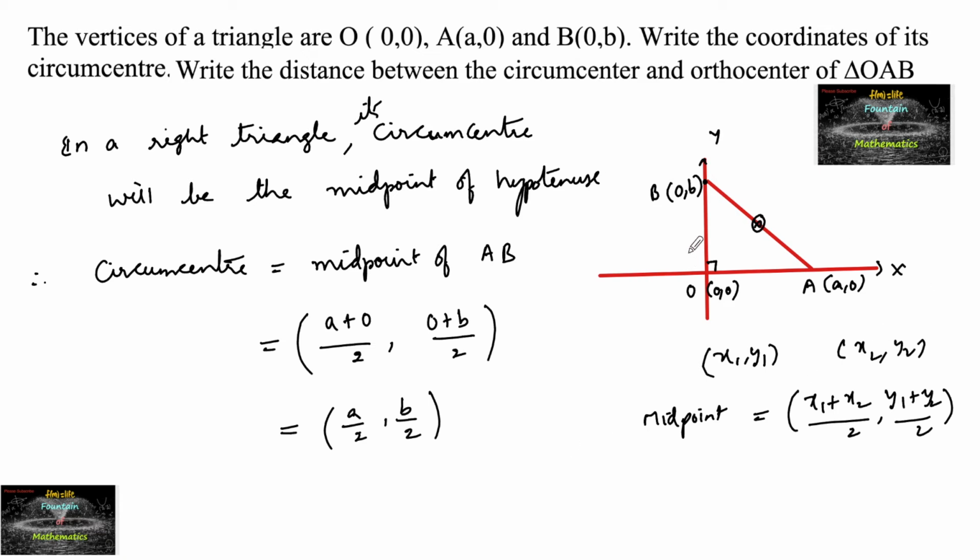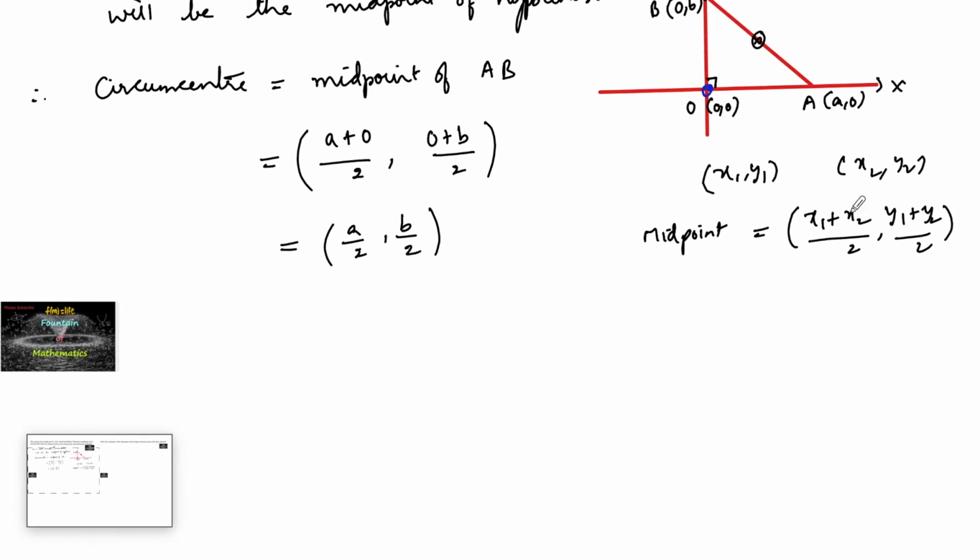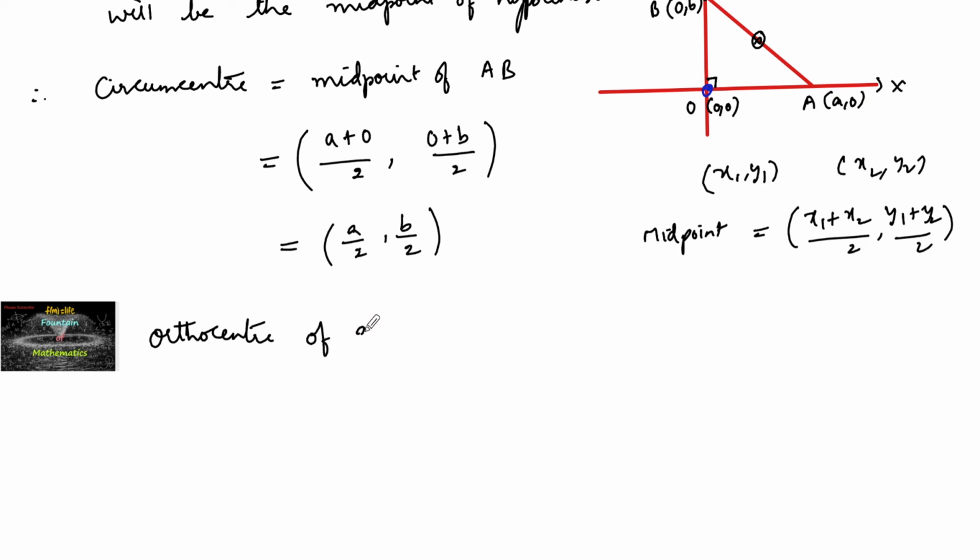Also, in a right angle triangle, the orthocenter will be the vertex where the right angle forms. So here origin is the orthocenter. Orthocenter of a right angle triangle is the vertex where the right angle forms.